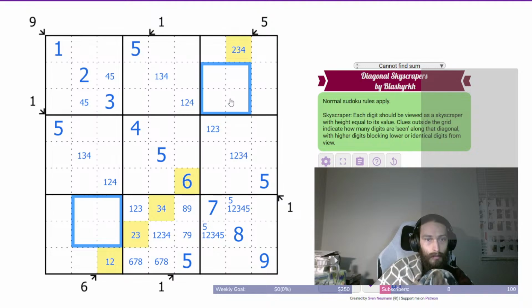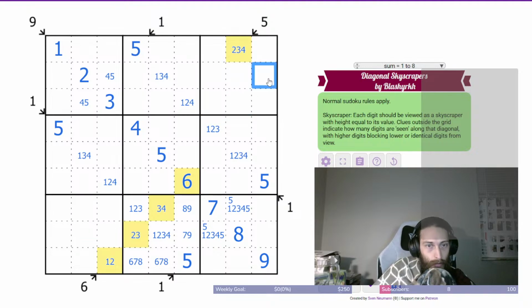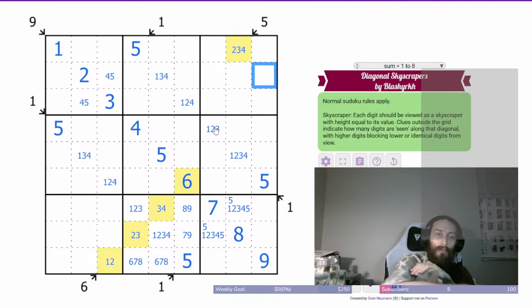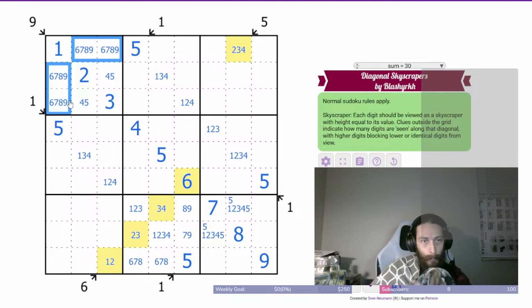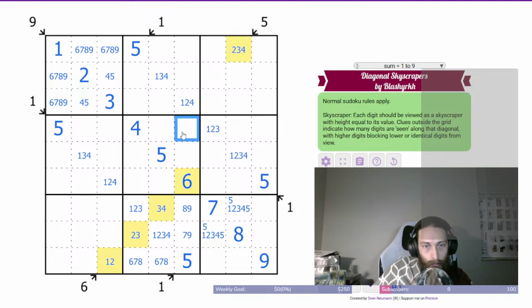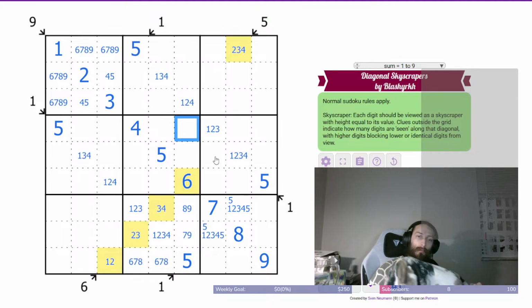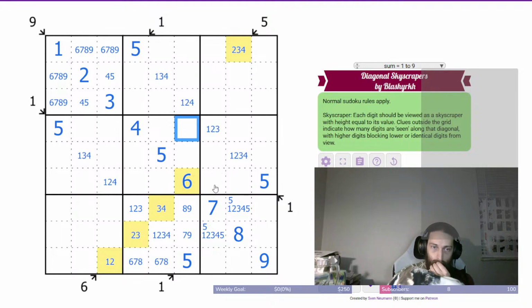Same as up here. Particularly helpful. Well, we must have some Sudoku we can do, because we've got up here 6, 7, 8, 9. Do we have Sudoku we can do?